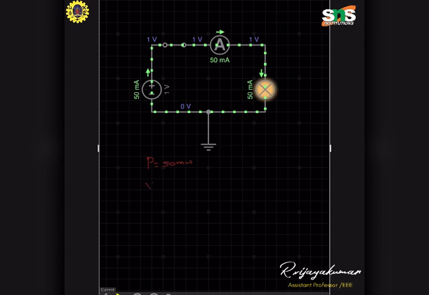What is the voltage value? The voltage equals 1 volt. I need to calculate the current I equals P by V, that is power by voltage. So 50 milliwatts divided by 1 volt, and the current value equals 50 milliampere.